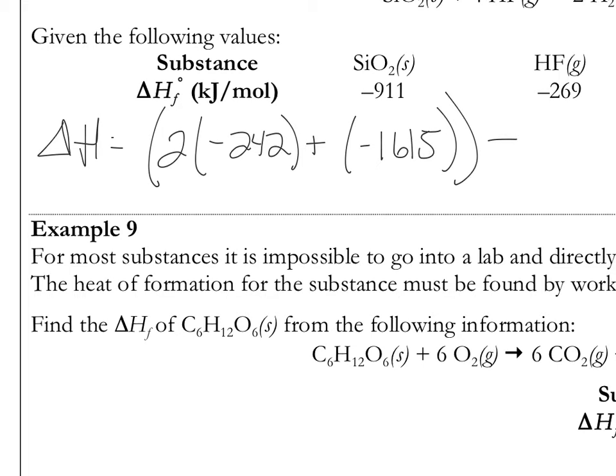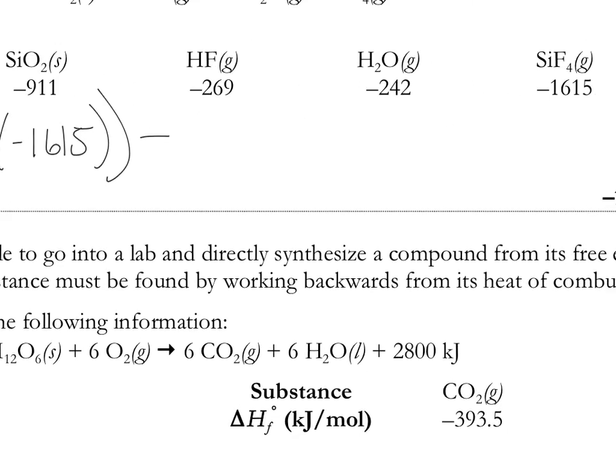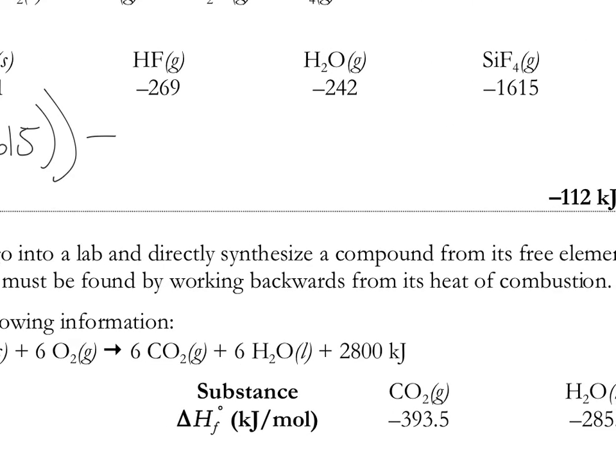Those are my products. I'll slide over and do my reactants. So my reactants, there is 1 of the silicon dioxide, negative 911. There is 4 of the hydrofluoric acid or hydrogen fluoride gas.